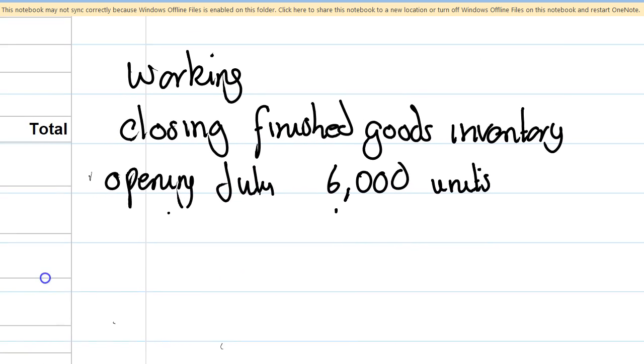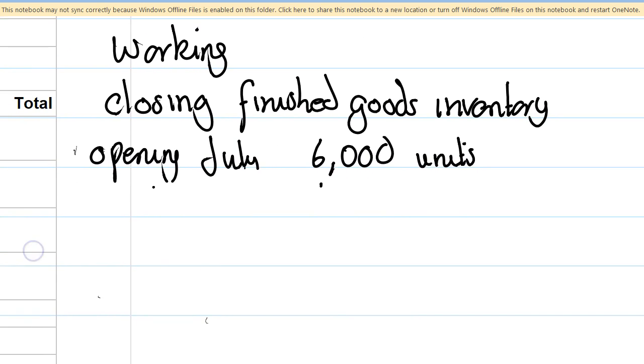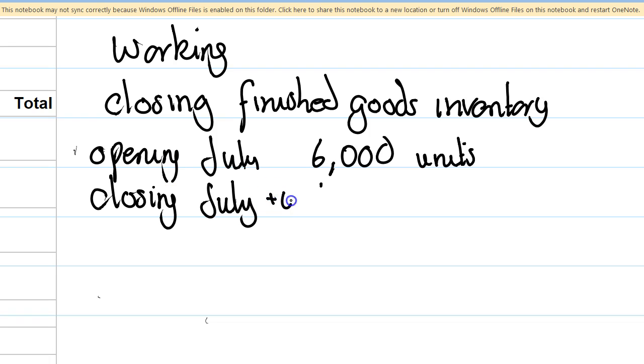We're now going to use that opening inventory figure in a working to calculate what our closing July inventory is going to be, and that's going to add 10%, which will be 6,600 units.